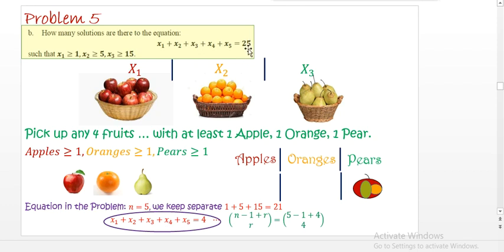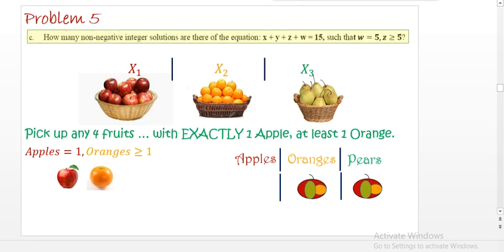So now I can choose only 4 more objects from any of these types, x1, x2, x3, x4 or x5. So this is my new equation: x1, x2, x3, x4, x5, their summation is equal to 4. So how many possible solutions do I have? n is equal to 5, r is equal to 4. I have the formula n minus 1 plus r, choose r. So I can find the number of possible solutions for this problem.